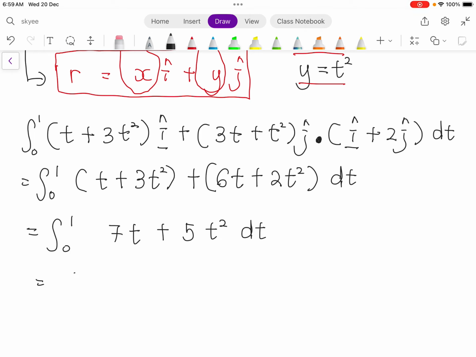So you get 5.17. Oh, it's not. The answer is 4. 7x plus 5x squared, 0 to 1. The answer is 4.